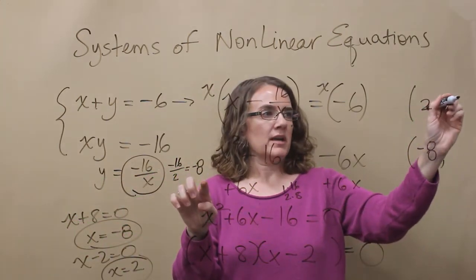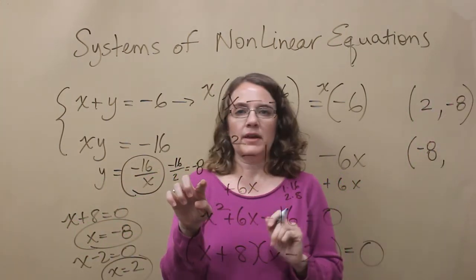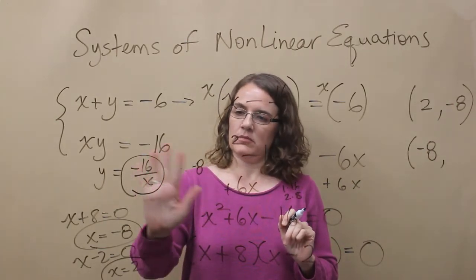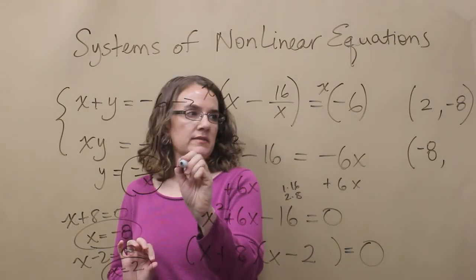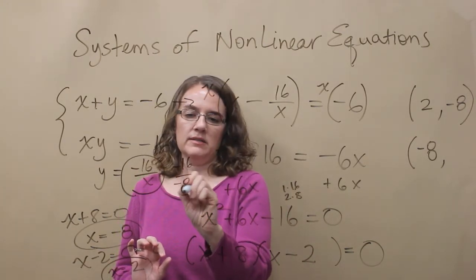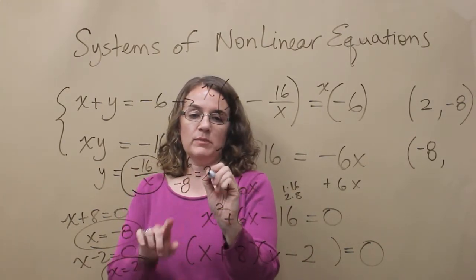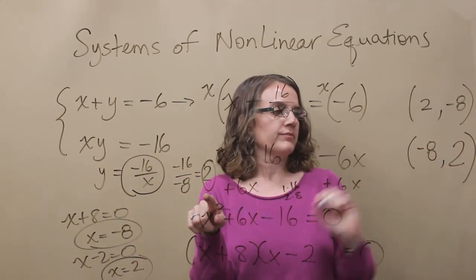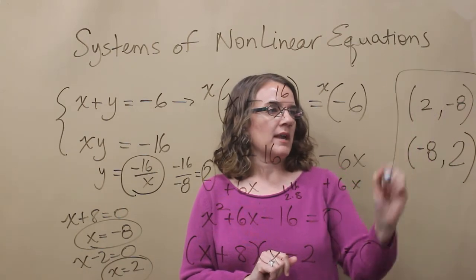So that's my corresponding y value for that x value. Now, negative 16 over negative 8 is going to give me 2. So I'll have 2 there.